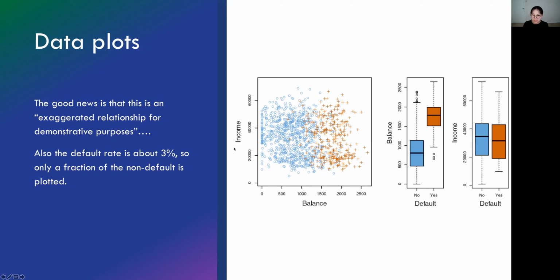We plotted the income versus the balance and labeled whether it's default or not by color, and also by the characters. The orange is the default and the blue is non-default. We can notice they are relatively comparable in terms of the sample size, but that's not that important for the illustration of this logistic regression.